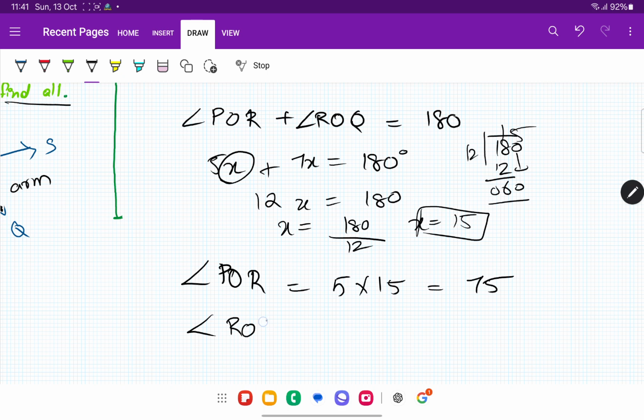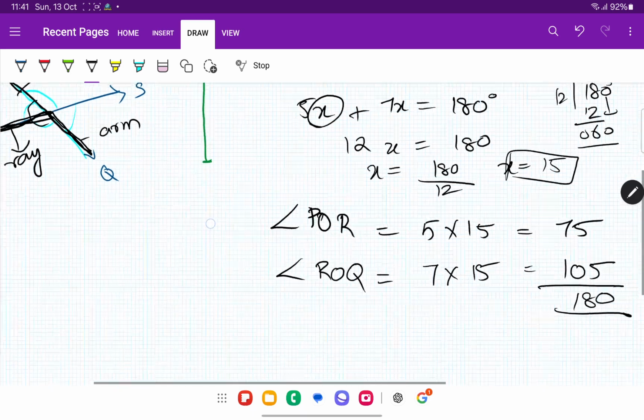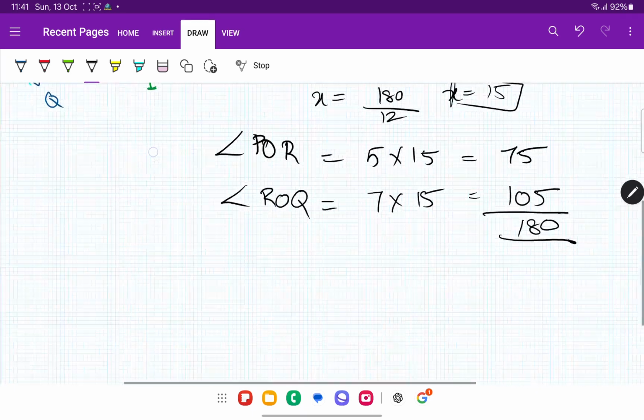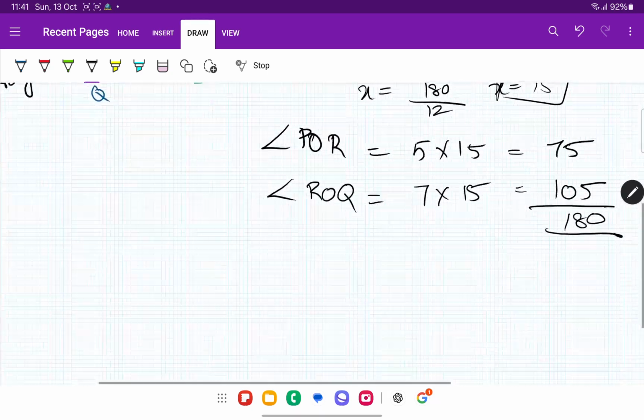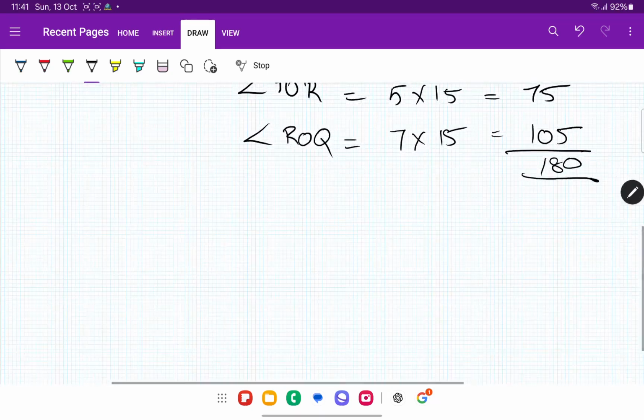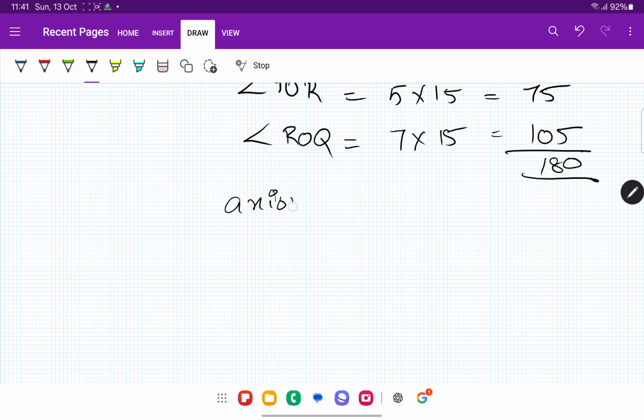And angle ROQ is equal to 7 into 15, which is 105. So they form 180 degrees. With the help of this, we can prove that it is a linear pair of angles.